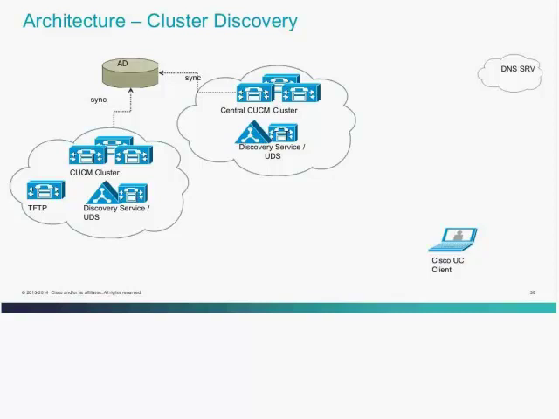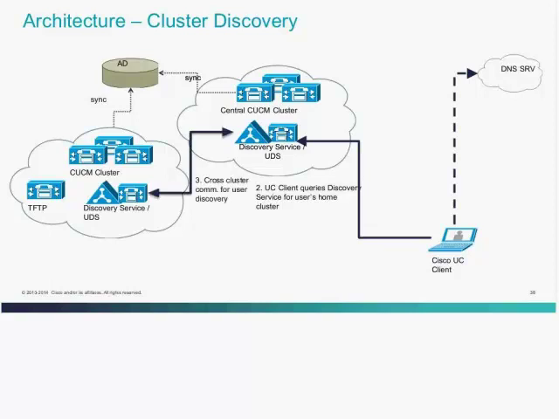When a Cisco UC client is launched, it sends a DNS SRV request and gets a response back, which queries the UC client discovery service to identify the home cluster. This discovery service further sends the request through cross-cluster communication to the peer cluster. The peer cluster responds back with the home cluster URL of that particular end user, which is then cascaded down to the Cisco UC client.